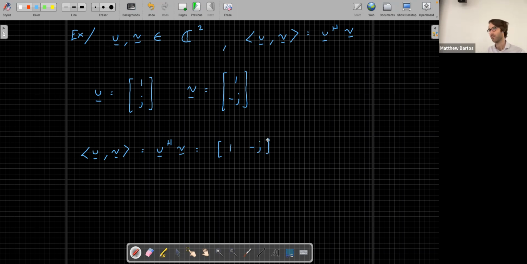If we're taking the Hermitian transpose, we have to take the complex conjugate of every element. Okay, we take the inner product with 1, negative j. And what we should get is 1 times 1 plus negative j times negative j. And this is equal to 1 plus negative 1 times negative 1.